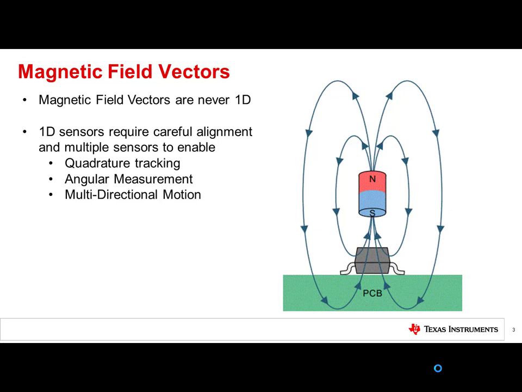Depending on the sensor location used, a different polarity and magnitude of the magnetic flux density would be observed in the sensor. For many applications, such as quadrature tracking for rotation, speed, and direction, angular measurements, and multi-directional motion, as a few examples, there is simply not enough information that can be captured by one sensing element to properly characterize the motion of the magnet.